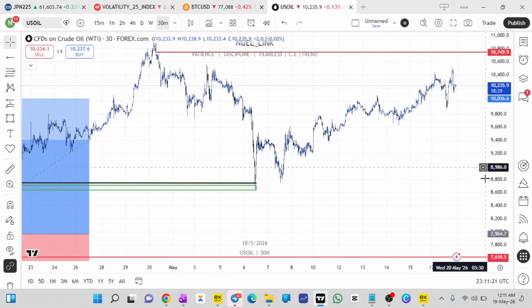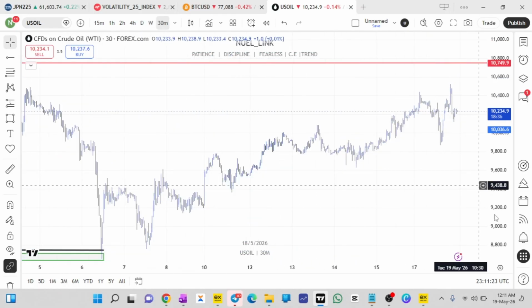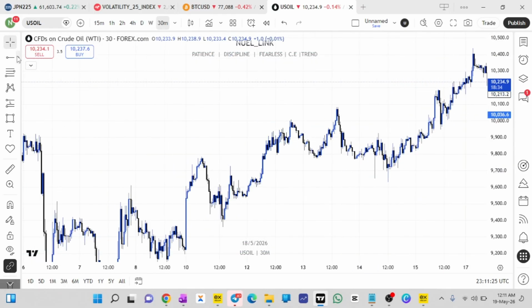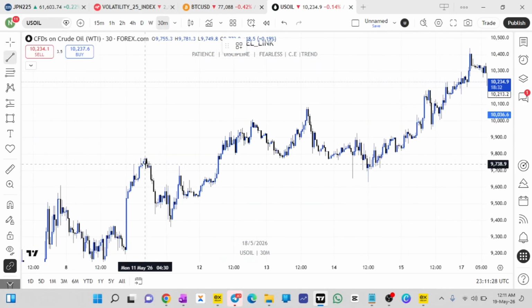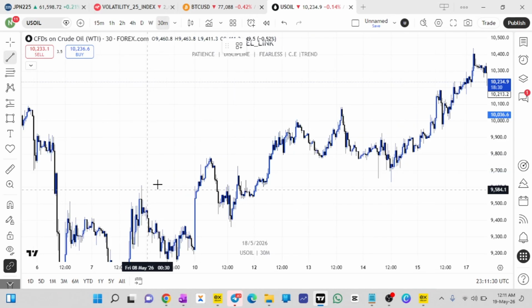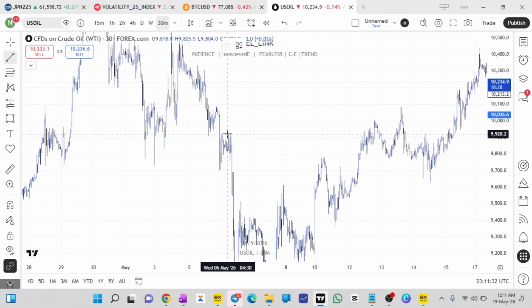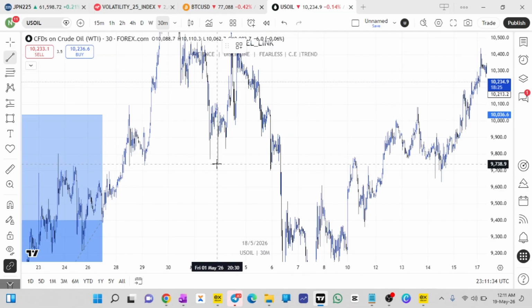So I missed this particular movement, but this is how you catch this trade if you are active. So I will take a trade from here. Let me see.